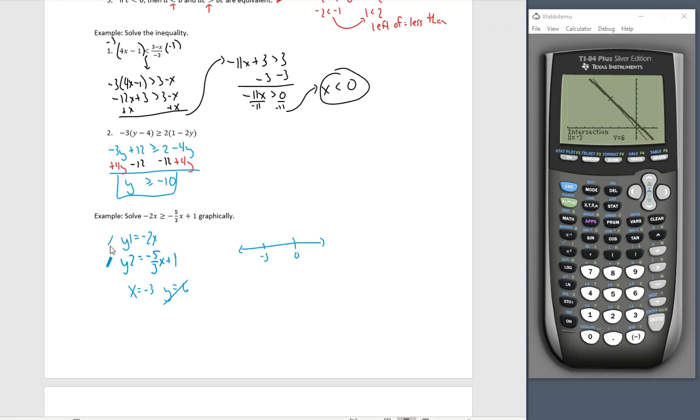Where is the thin line greater than or equal to the thick line? And that is on this side, on the left side. So we find that x has to be less than or equal to negative 3, or in interval notation, do it correctly, we will have negative infinity to negative 3 square brackets because of the or equal to.